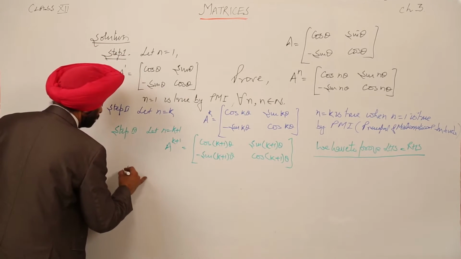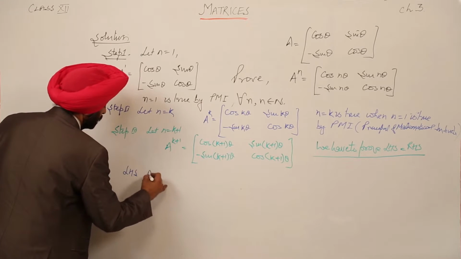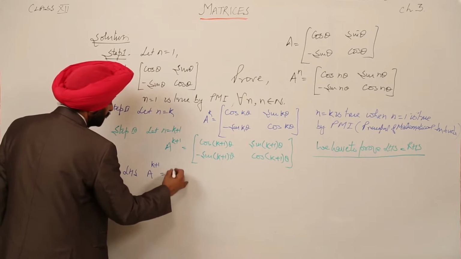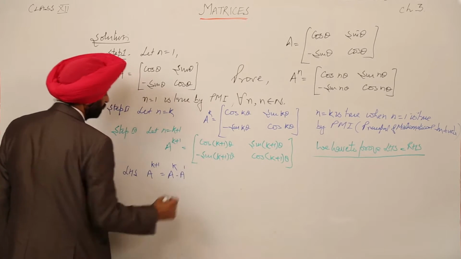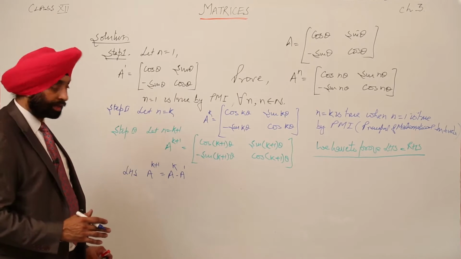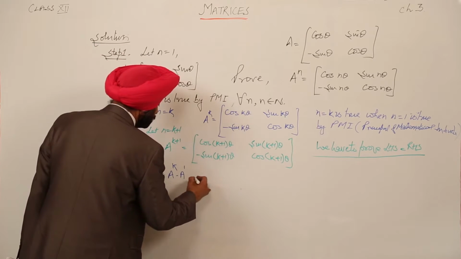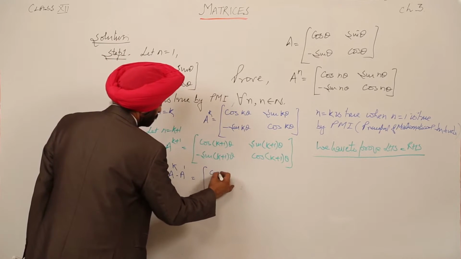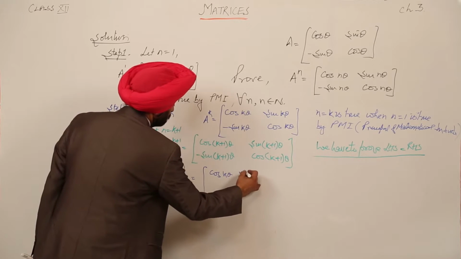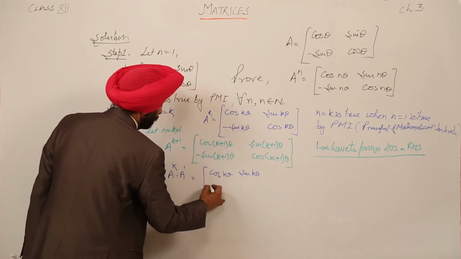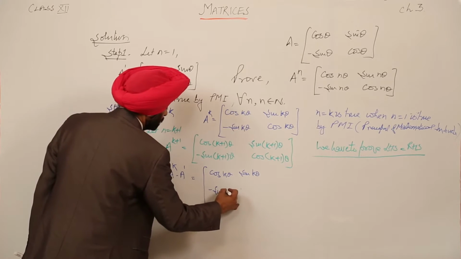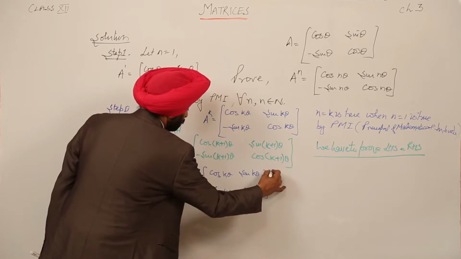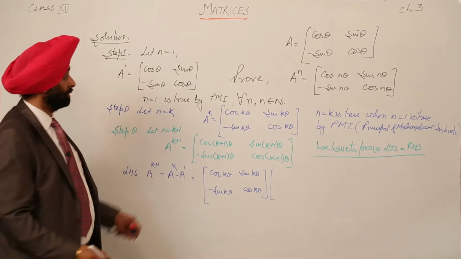Now left hand side, A raised to power k plus 1, this we can write as A raised to power k, A raised to power 1. When we are writing like this, now we will be getting what? This is equal to A raised to power k, cos k theta sin k theta, minus sin k theta cos k theta, with A. A is what?